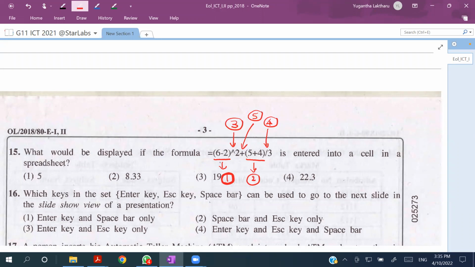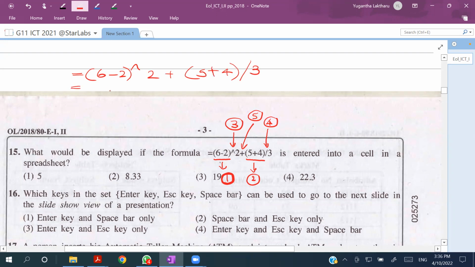Let's see how this is happening. I'll write the equation over here: equals 6 minus 2 exponent 2 plus 5 plus 4 divided by 3.